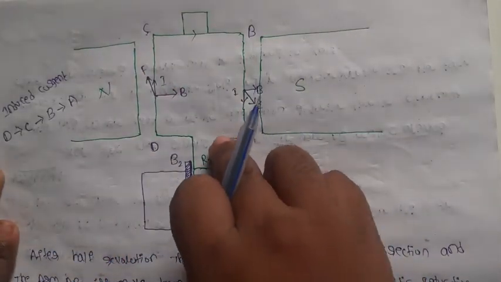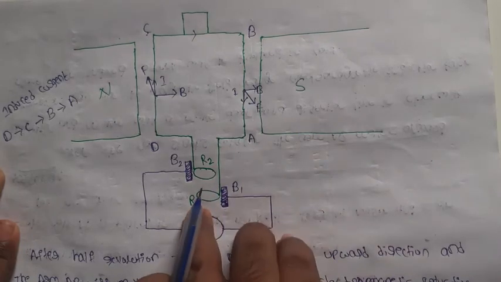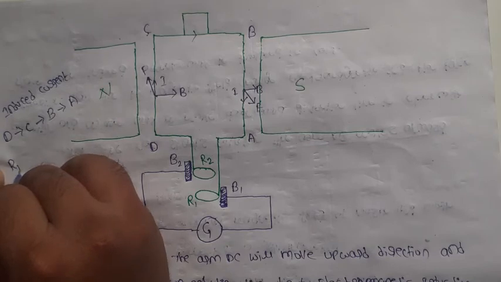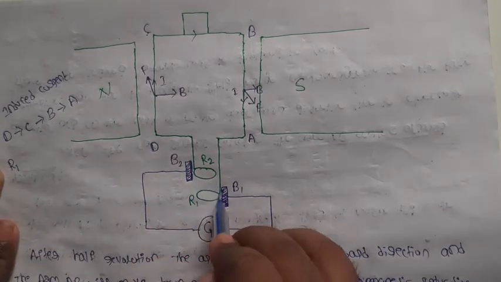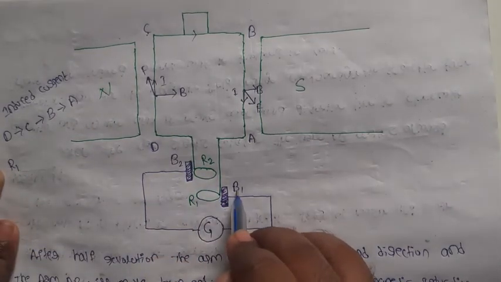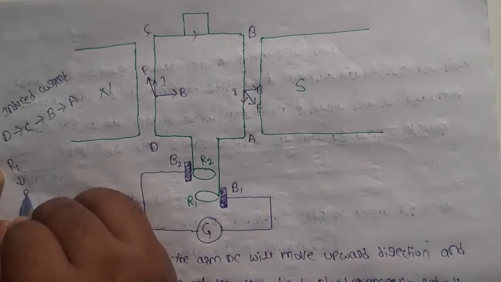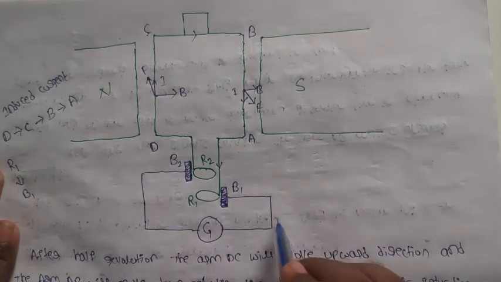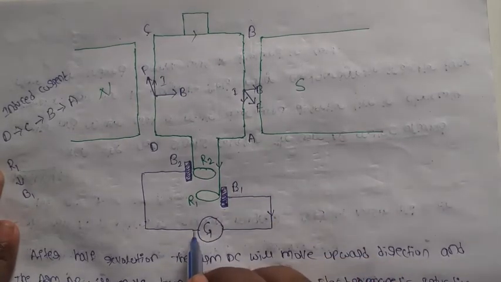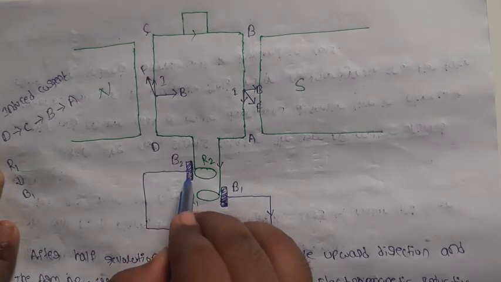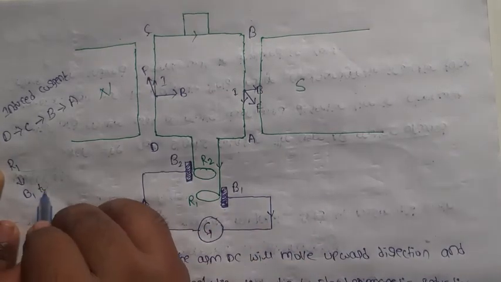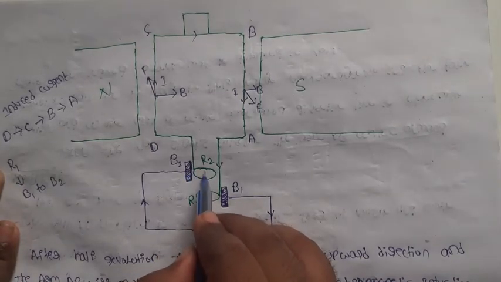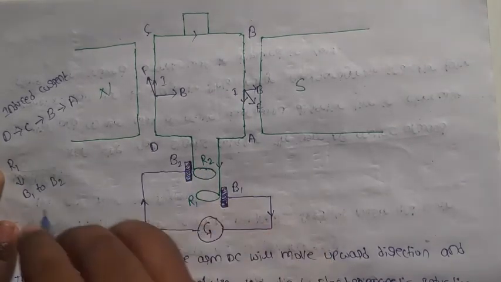After C, it travels from slip ring R1 to brush B1, B1 to galvanometer, through the galvanometer it reaches brush B2, brush B2 is connected with slip ring R2.